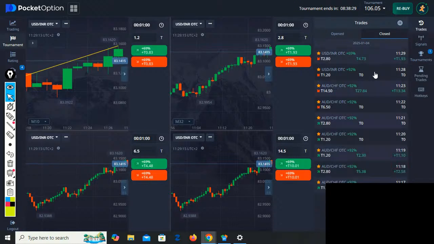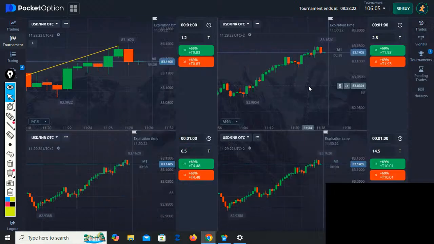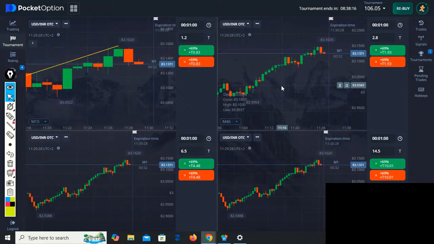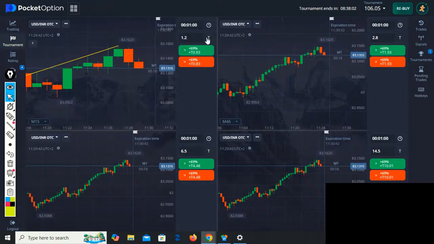However, let me see if the payout changes. See, you have to keep an eye on the payouts because the strategy won't work if you keep on doubling your amounts and you don't have a 92% paying pair ROI. It will not work. So let me see if the broker will increase the payout anytime soon.